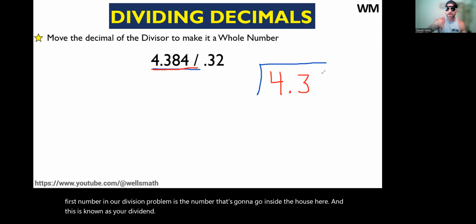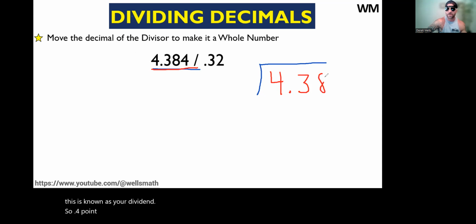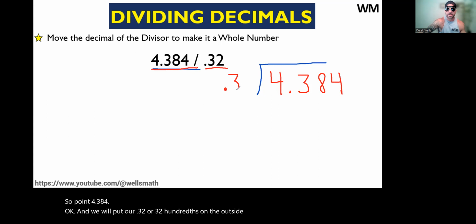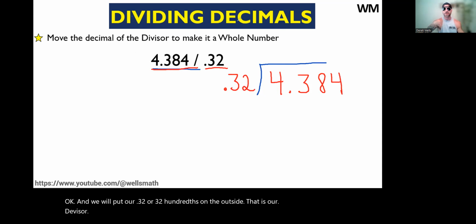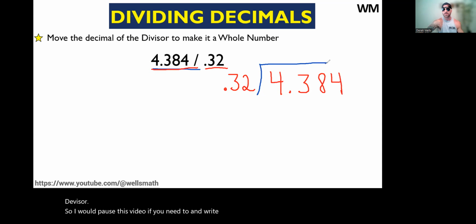So 4.384. Okay. And we will put our 0.32 or 32 hundredths on the outside. That is our divisor. So I would pause this video if you need to and write this problem down.